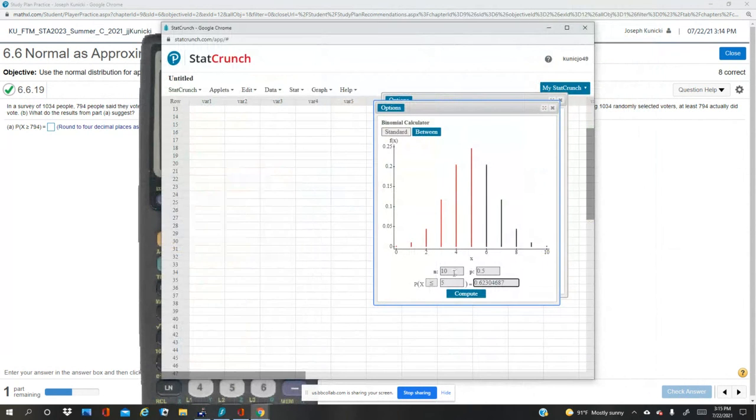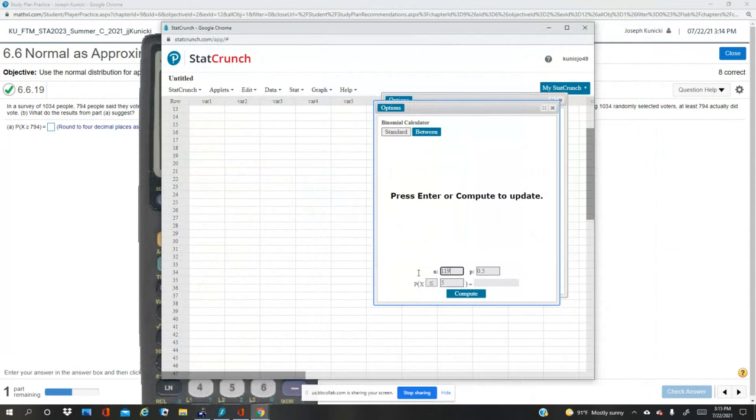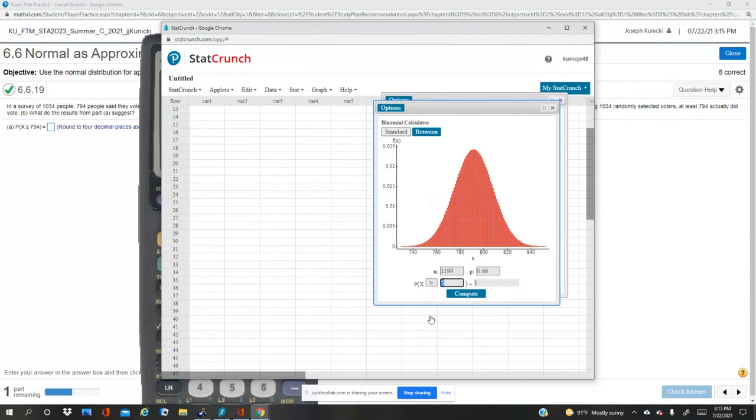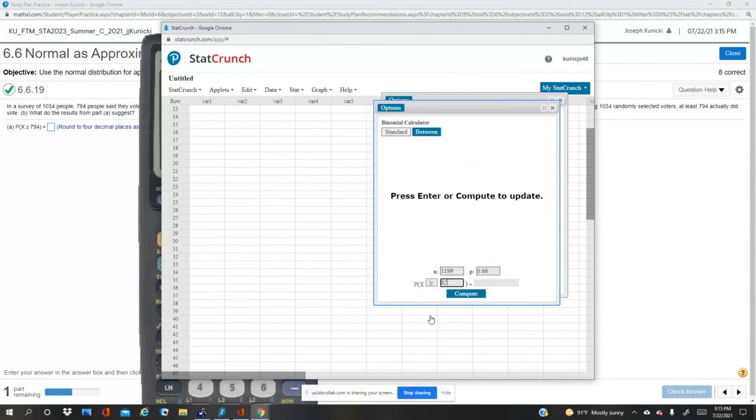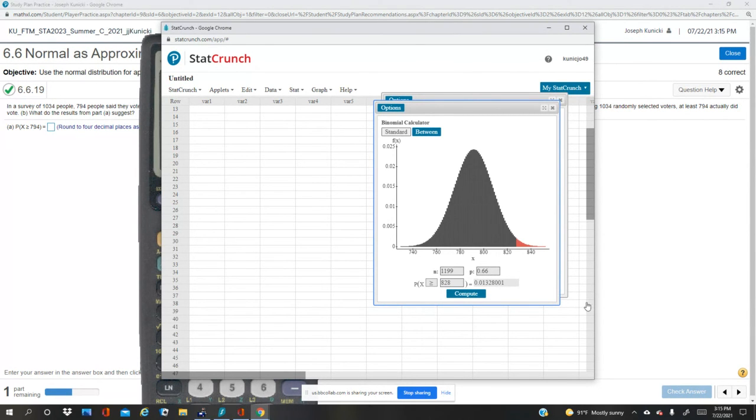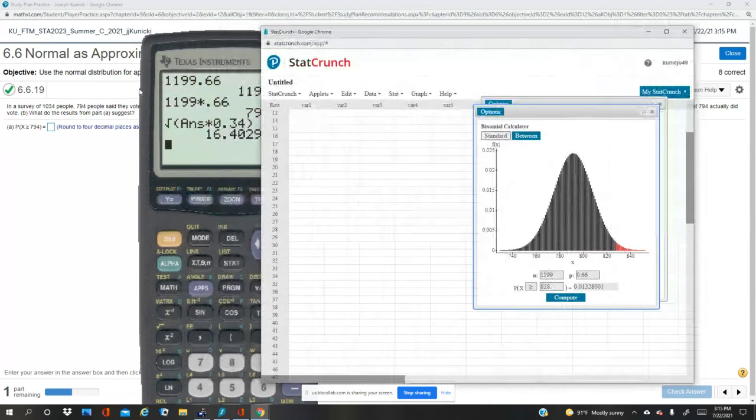So 1199, and P was 0.66. On the binomial directly, we want the probability x is greater than or equal to 828. We don't need to correct this because it's discrete. And there you see 0.0133. Pretty close. Remember, the approximation was 0.0130. The actual was 0.0133. Pretty close.